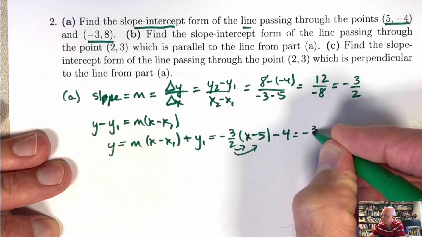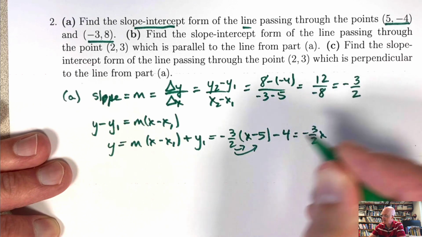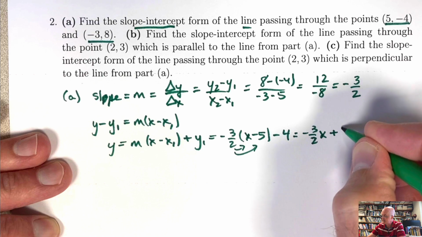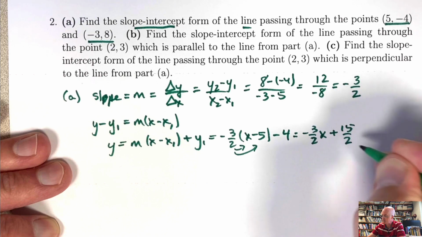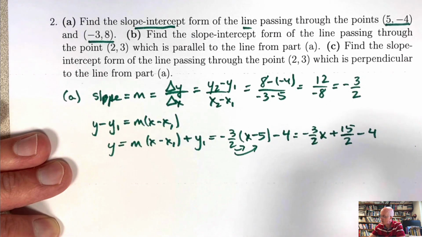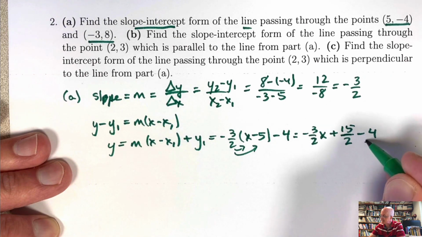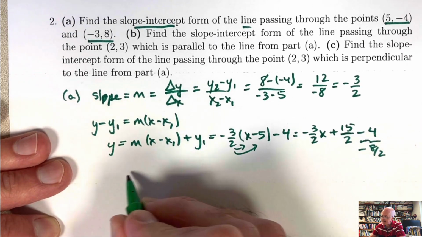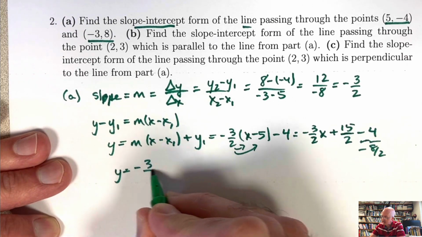You'll get negative 3 halves x, and then negative 3 halves times negative 5. That's going to be positive 15 halves, which is 7.5, and then subtract 4, which is the same as subtracting 8 over 2. And so you'll get in the end here, y is negative 3 halves x.